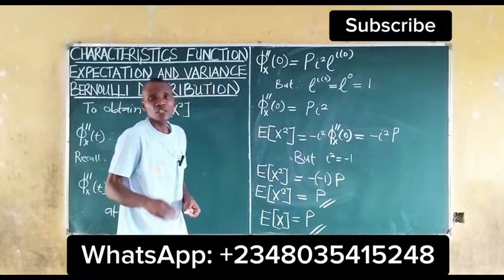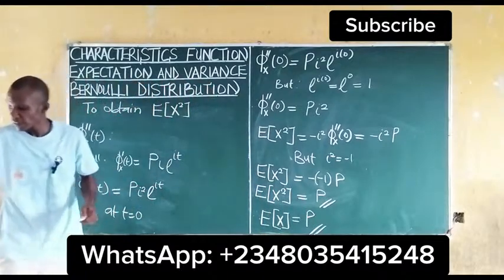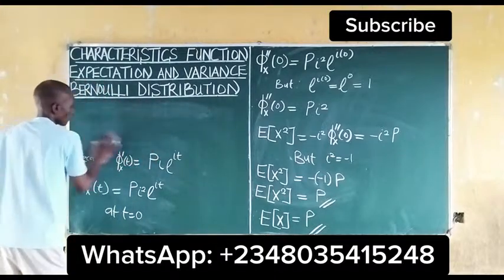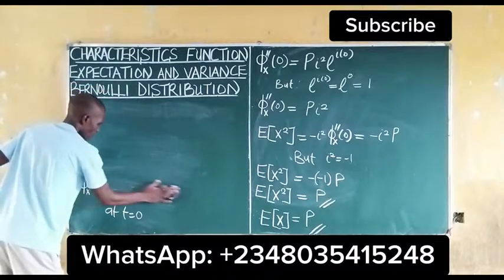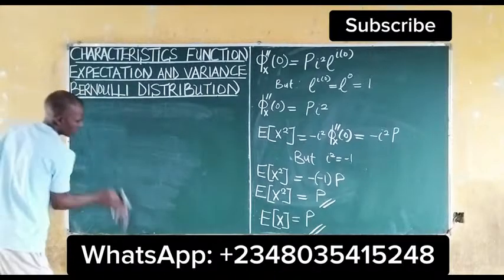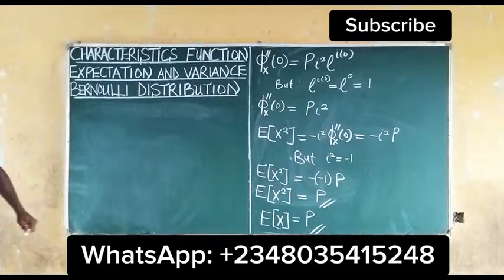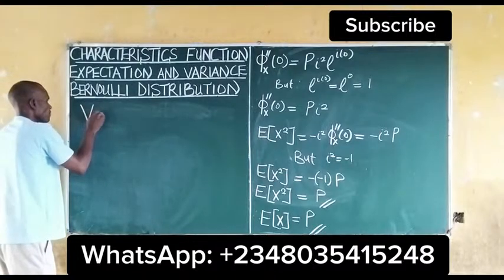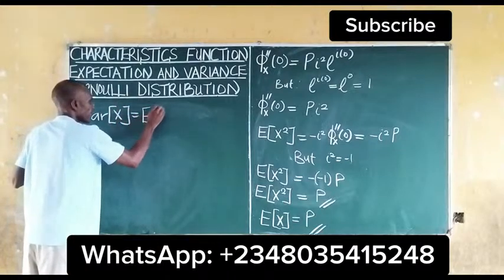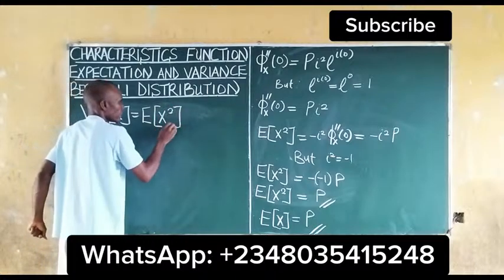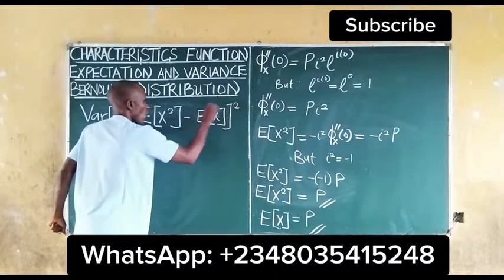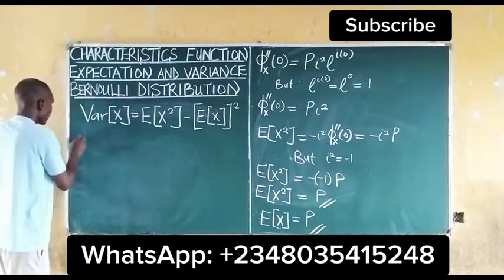The next thing to do is to look for the variance. So we come over to this side. We know that the variance of x is equal to the expected value of x squared minus the expected value of x, all squared.